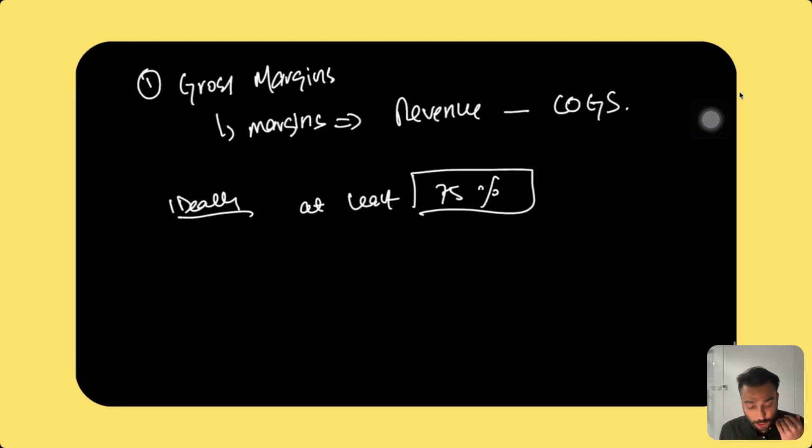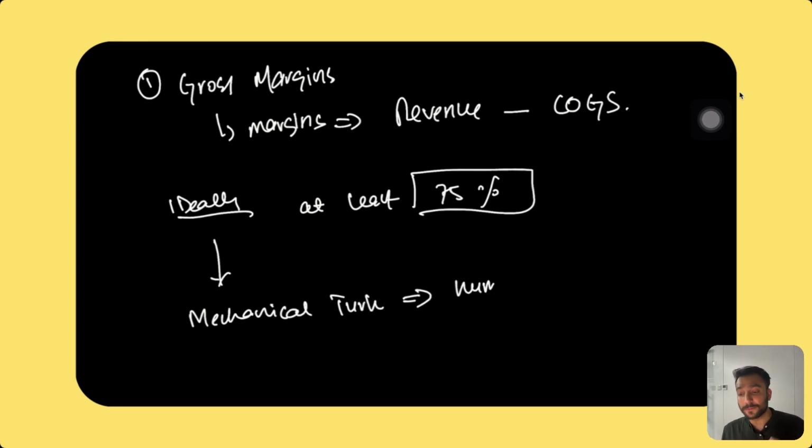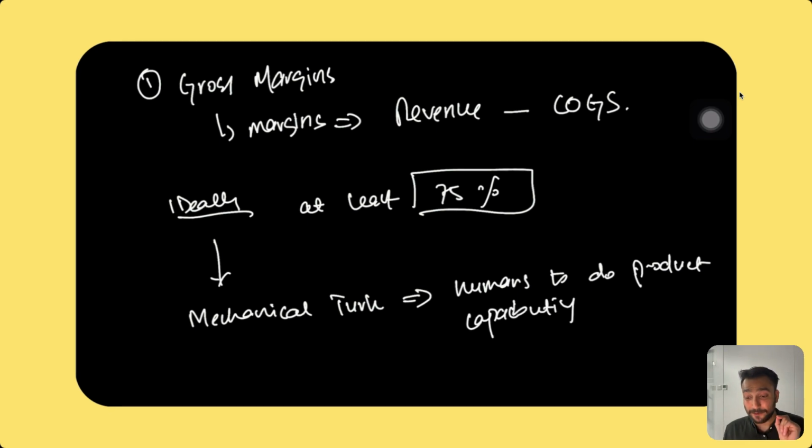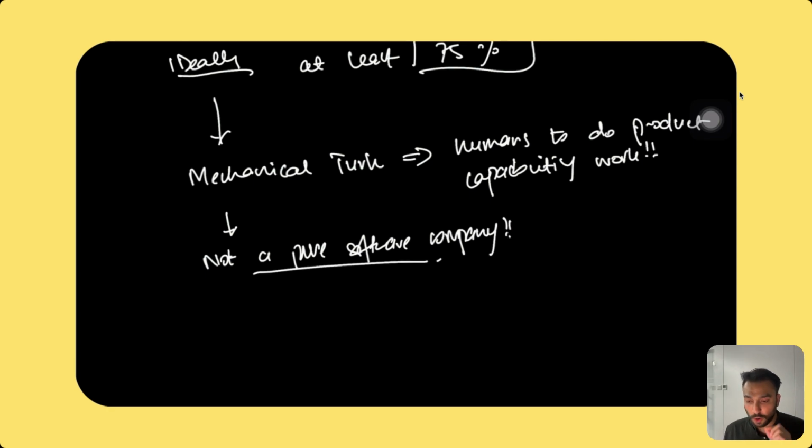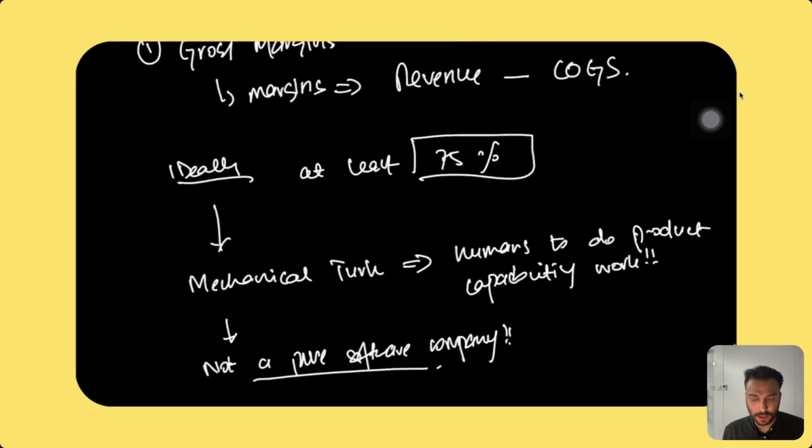Because if you have low margins, that basically means you have a mechanical Turk problem, which means that you're using humans to perform product capabilities, which means that you're not truly a pure software company. So your gross margins need to be really healthy, and you need to operate in a very lean fashion without adding a lot more people to do what your product can do instead.